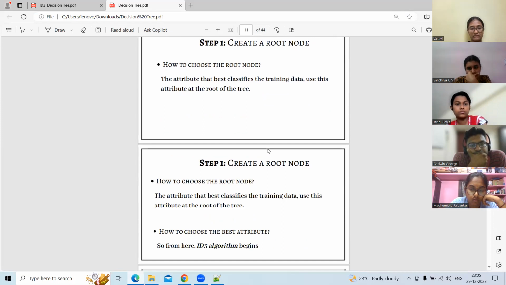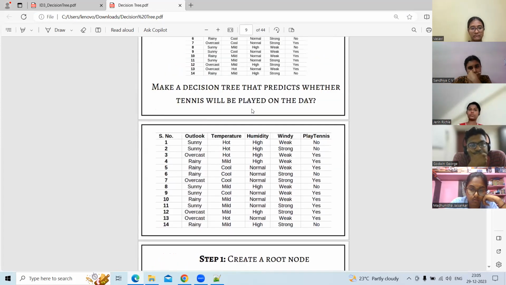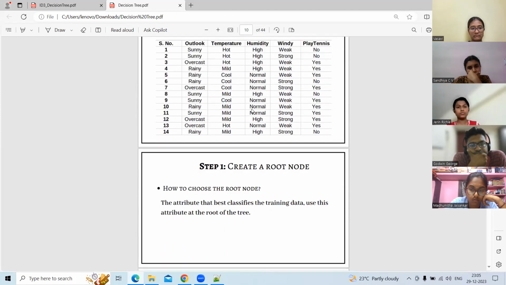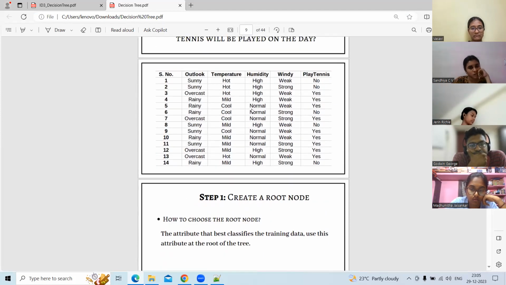So that is how we choose the root node. Now for this data, we will have to find out which should be the root node. If you see this data, we have outlook, temperature, humidity, windy. These are all features. Features are the attributes. And play tennis is the output variable.